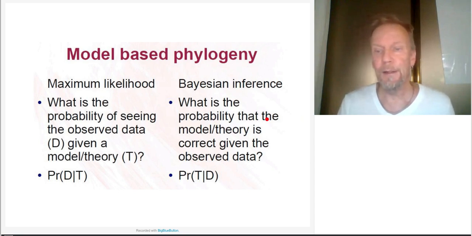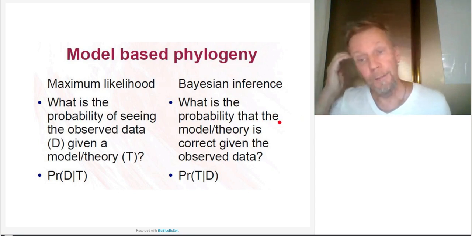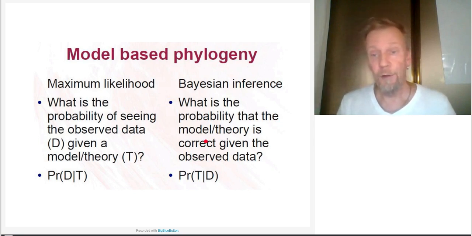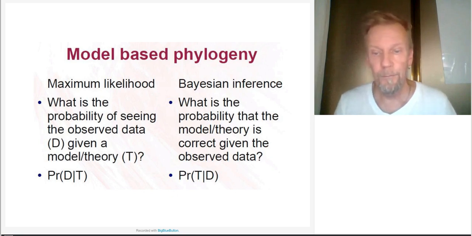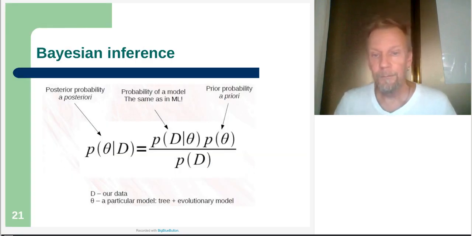The probability that the model, and that means the probability of the tree and parameters being correct given the multiple sequence alignment, which is our original data. And this is the famous Bayes formula, which you may have seen in your high school mathematics book, given just with letters A and B for two events.